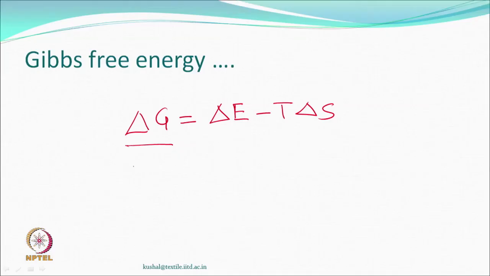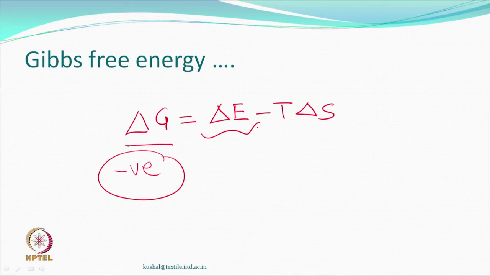So, what it says is, if this change in the free energy, that is delta G, is negative, then whatever change we are talking about will be feasible, will be automatic, a thermodynamically feasible process.